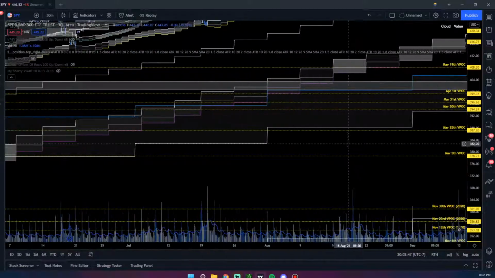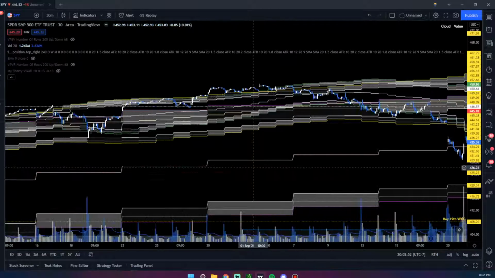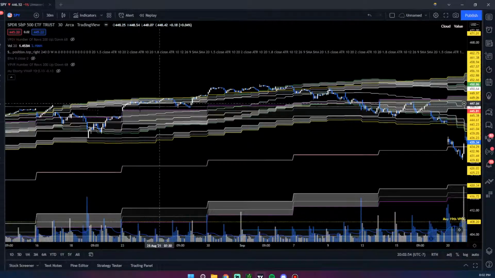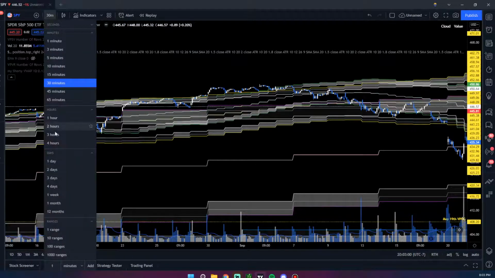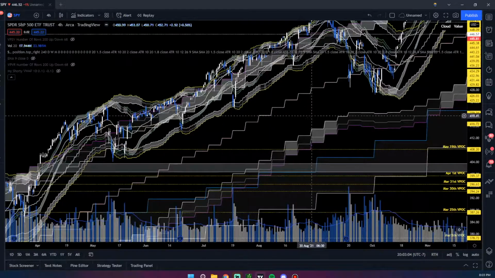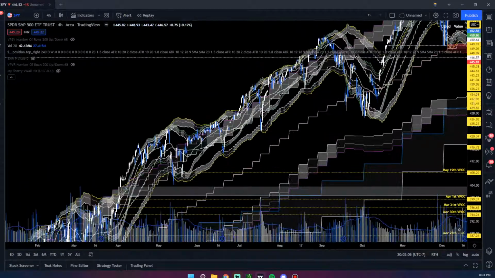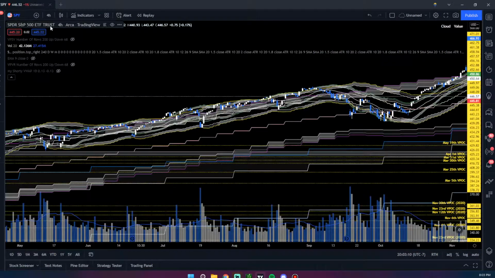The other thing I would touch on with clouds is they're based on average true range. So the time frame that you're looking at doesn't change where the clouds are. It just changes your candlesticks. If I go to a 4-hour chart, I'll still have all of my clouds and none of them move. I'm just looking at longer candlesticks.